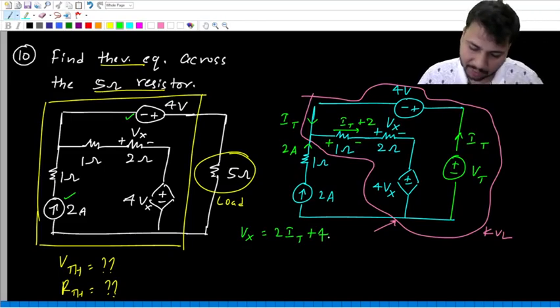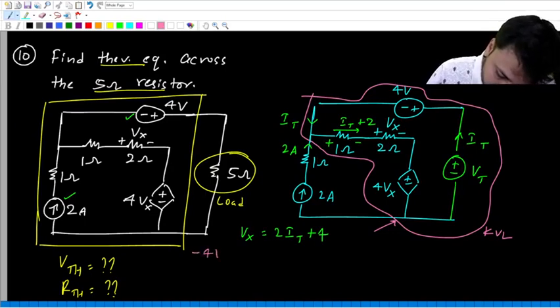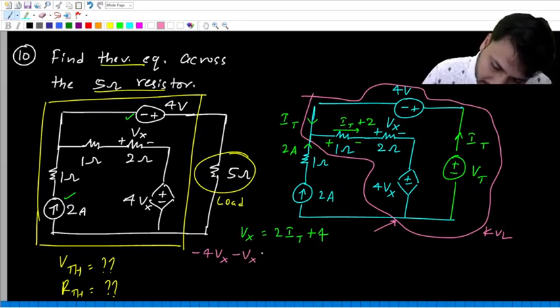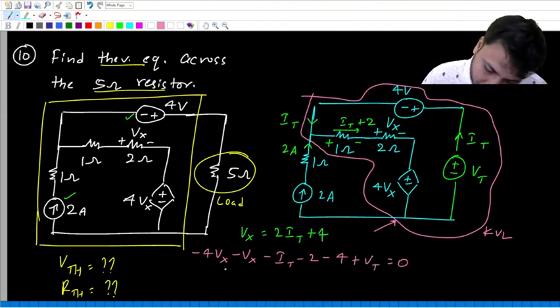Now if you write KVL starting from this point, you would get minus 4 Vx minus Vx minus the drop across 1 ohm, which is minus IT minus 2, and then minus 4, and then plus Vt equal to 0.